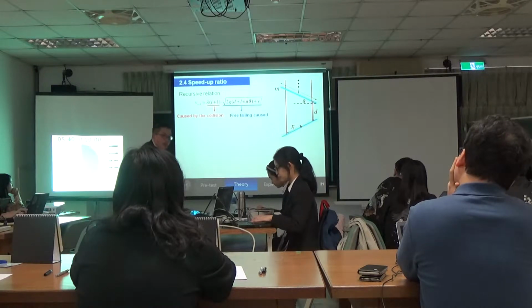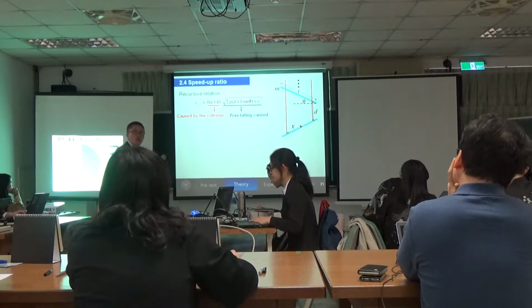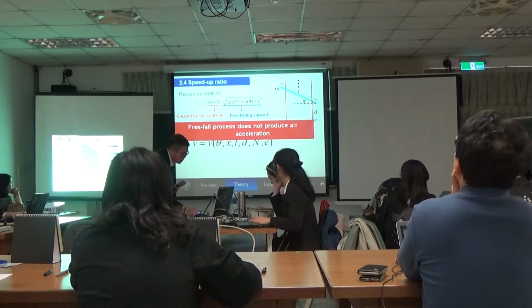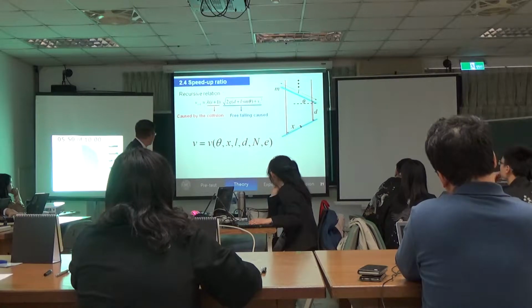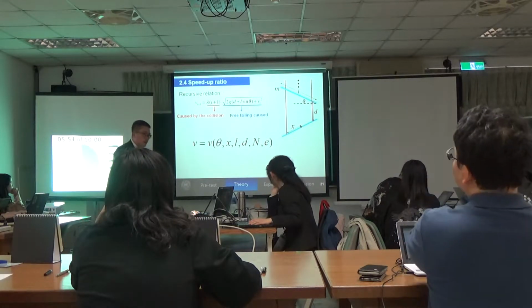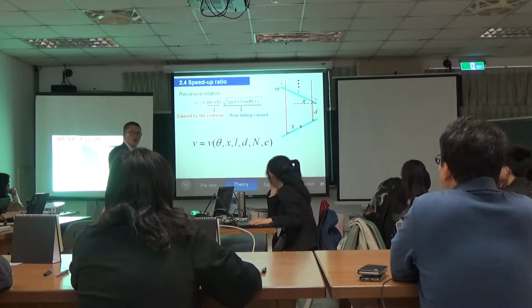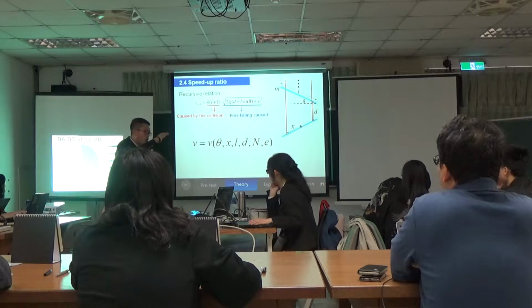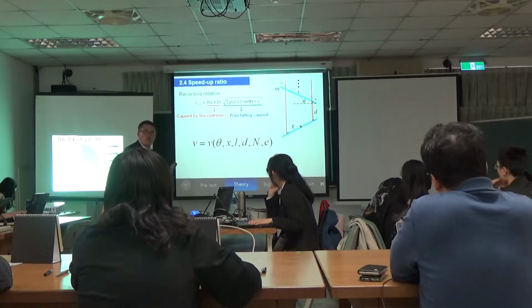By this formula, we can make iteration so that we can get our zero data, and we can get our velocities. We can find that our velocity will be influenced by the tilt angle, the distance between two holes, the length of the block, the distance between two blocks, the number of the blocks, and the restitution factor.